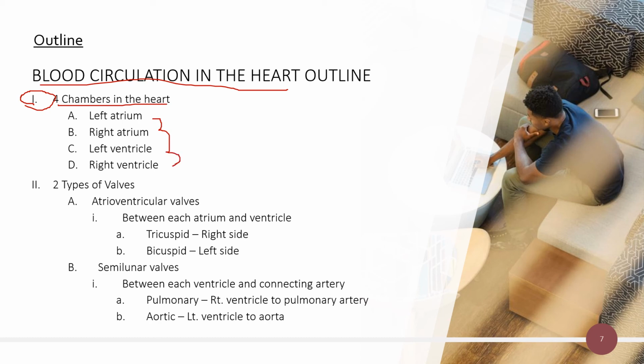And then here's Roman numeral 2, 2 types of valves, the AV valves and the semilunar valves. And then you indent it more and you give another detail on it. If you don't remember how to do an outline, there are a lot of tutorials online. You can always Google how to take notes in outline form to refresh your memory. But this is an example of one.